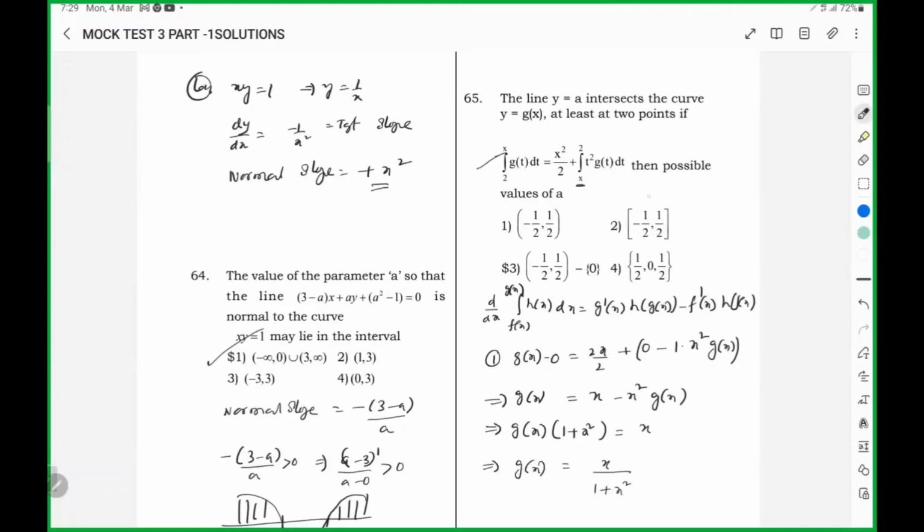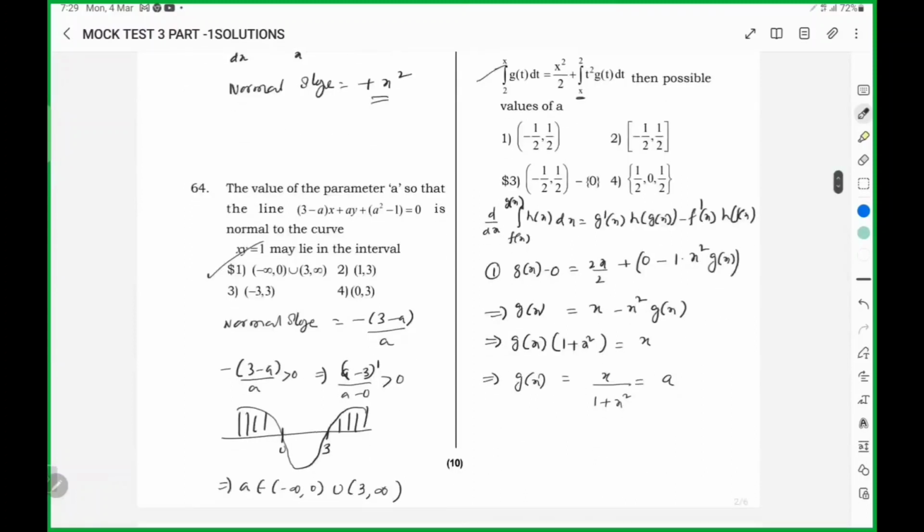He is asking for possible values, which he took as A. When he is asking A, it means the range of g of x. Right. So x by 1 plus x square is y. From here x is y plus yx square. x is real, so 1 minus 4y square is greater than or equal to 0, 4y square minus 1 is less than or equal to 0.